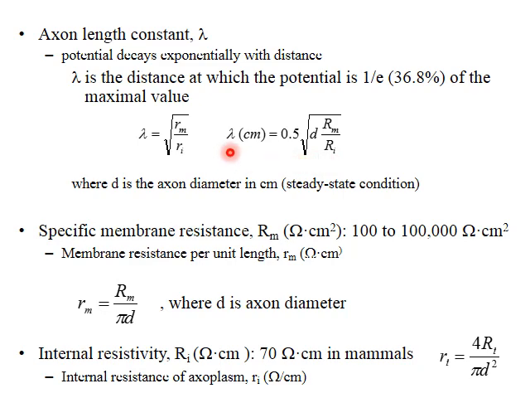Lambda in this case, which is in units of centimeters, equals 0.5 times the square root of the diameter of the process, the dendrite or the axon, and diameter would be in centimeters, times the specific membrane resistance divided by the internal resistivity. If we examine this equation in more detail, I think you'll see that this makes sense in terms of conduction of a voltage down a process.